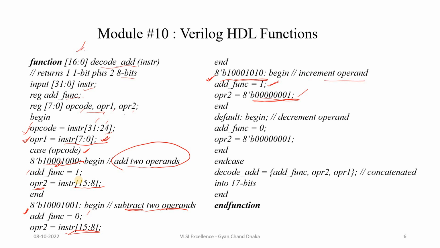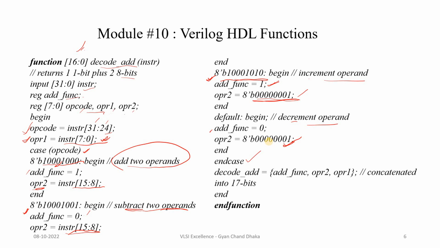And default is the decrement operation, which is a subtraction, so our add func variable becomes 0 and the second operand will be 1, because we have to decrement by 1.